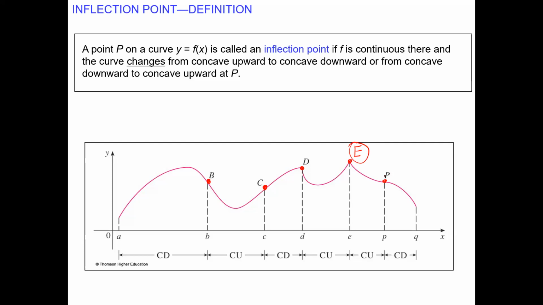We may think that these points are the points where a function is changing from concave downwards to concave upwards, or the other way, changing concavity. And first of all, we will call these points inflection points. And we can definitely see the function is concave down, which means the second derivative is negative.